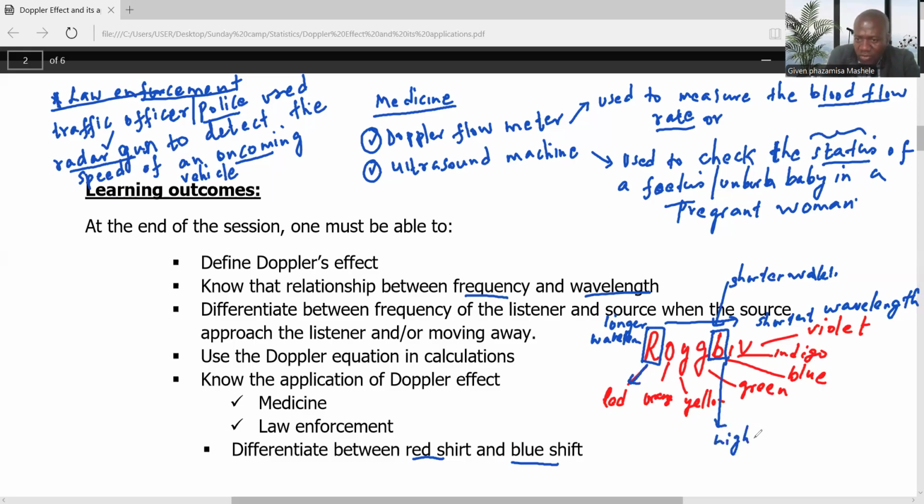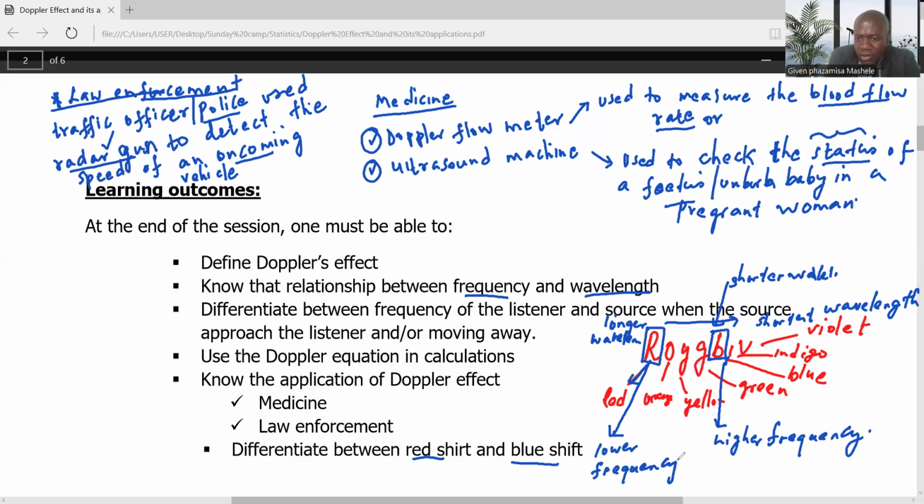And guys, this is also important in the photoelectric effect. When we are comparing the red light and the blue light, red light has a lower frequency. So what does this mean?